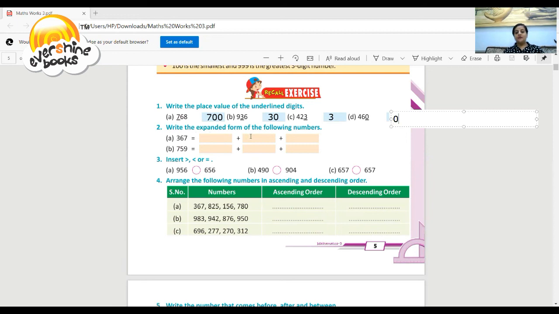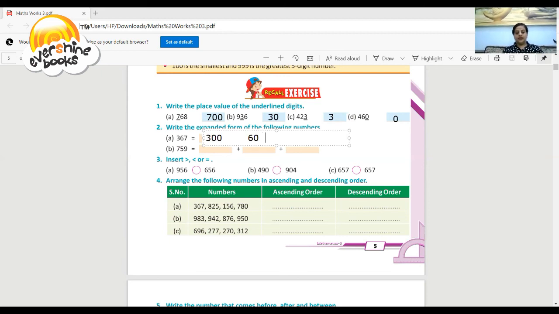Write the expanded form of the following number. Expanded means you have to expand it. First of all, you start with 3. 3, then at the place of 6, put 0. At the place of 7, just put 0. That is 300. Next, write 6 and at the 7 place, just write 0.